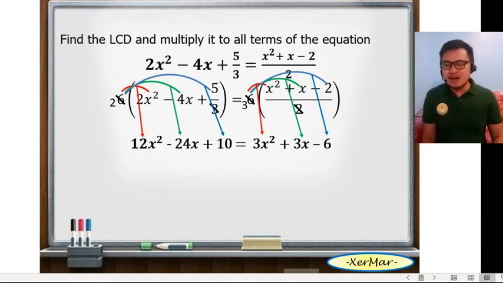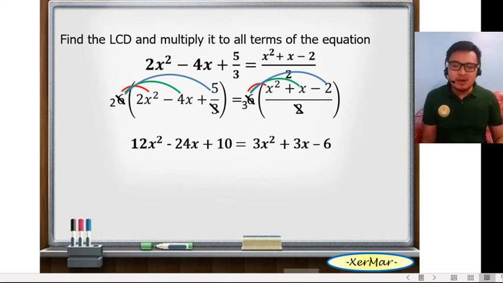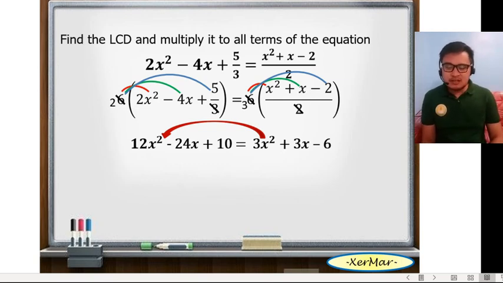Okay, so ano ang sunod? Dahil may quantity tayo sa kanan, kailangan natin itong i-transpose papuntang kaliwa. Okay, so hanapin na natin yung kasimilar terms nila or term at doon natin sila idugtong. Okay, so itong 3x squared, i-transpose natin sunod sa 12x squared. Next, itong 3x naman, i-transpose natin sunod sa negative 24x.